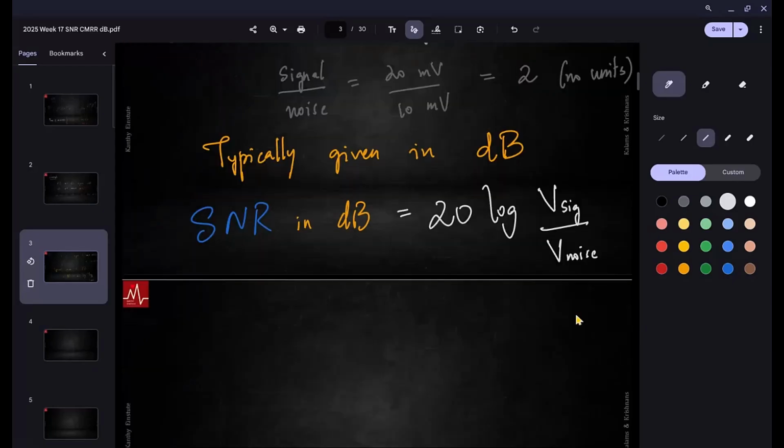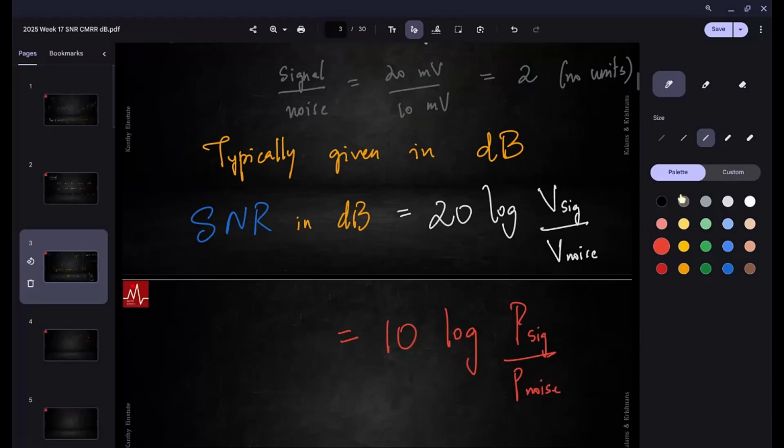Notice SNR in decibel is by definition defined based on power. So if it is written in terms of power, this is going to be 10 log of power of signal by power of noise.